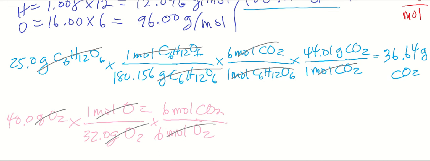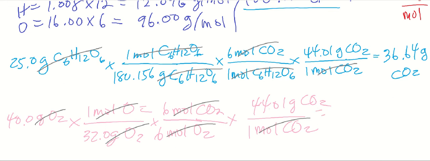And then our final step is to convert to the desired unit. Now that we have the desired substance, carbon dioxide, we can turn that into grams using the same conversion factor we used above. Okay, cancel. Calculator: 40 divided by 32 times 44.01.